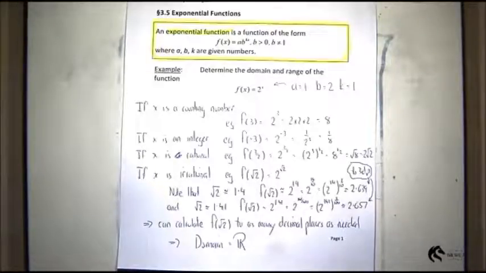Compare that to as x increases by 1 if I had f of x equal to 2x, our linear function. What happens there is that f of x increases by the value 2.